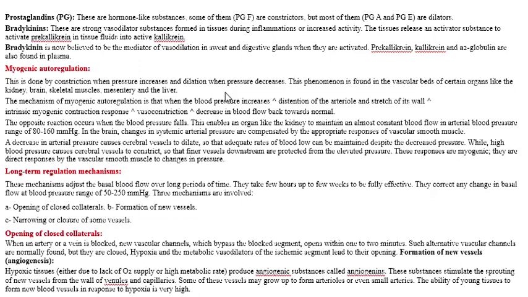When there is a decrease in the arterial pressure inside the brain, the vessel usually dilates, so more blood goes to the brain tissue. So an adequate rate of blood flow can be maintained despite the decrease of pressure.